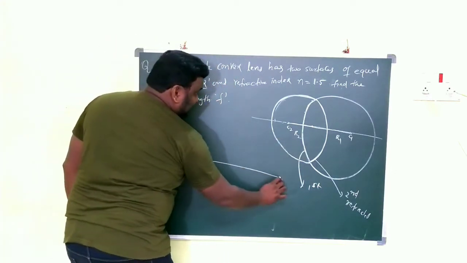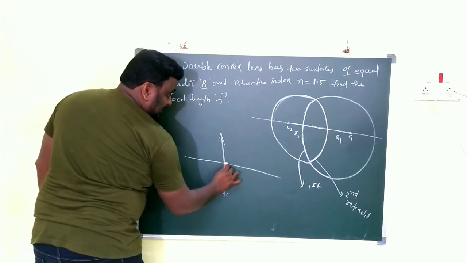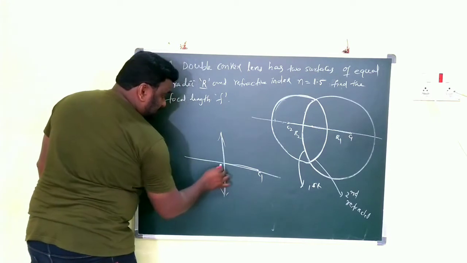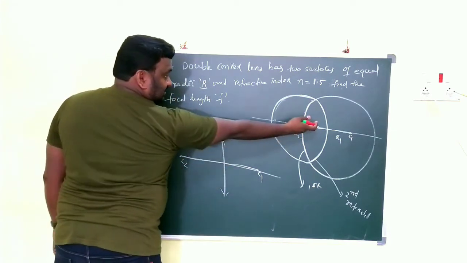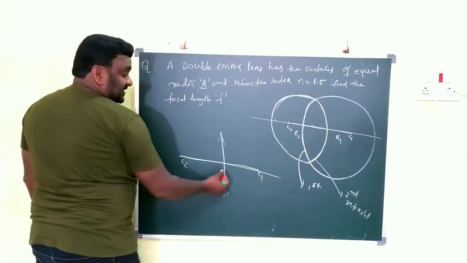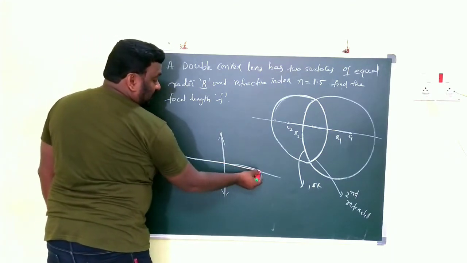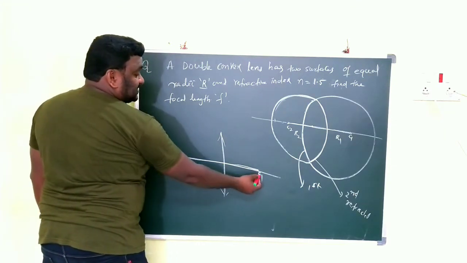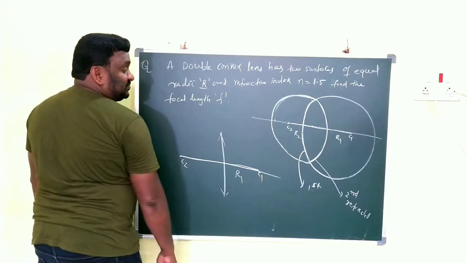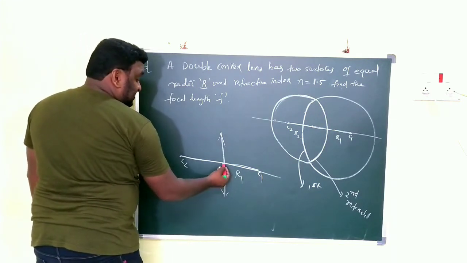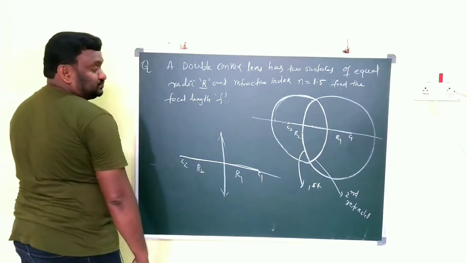Simply I am showing it like this: this is the biconvex lens, this is C1 and this is C2. The same thing I draw here. The distance from the optic center to the center of curvature is what we call the radius of curvature. And this is optic center to C2, the second radius of curvature, R2.